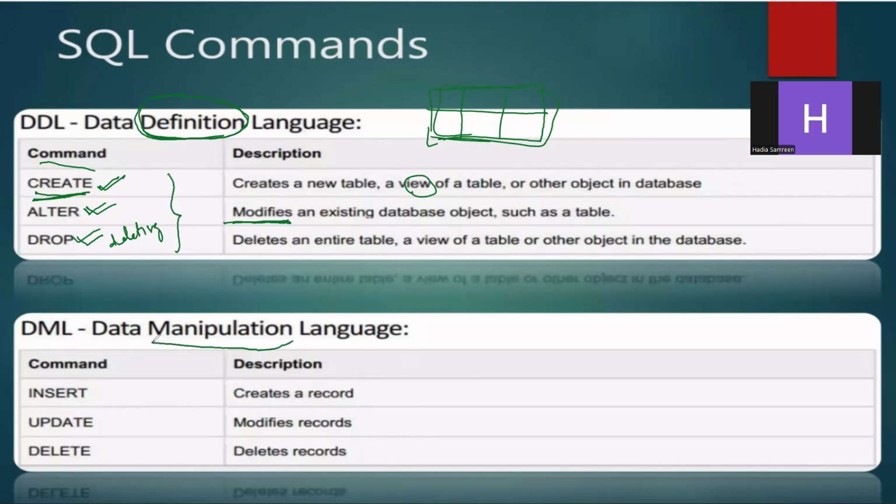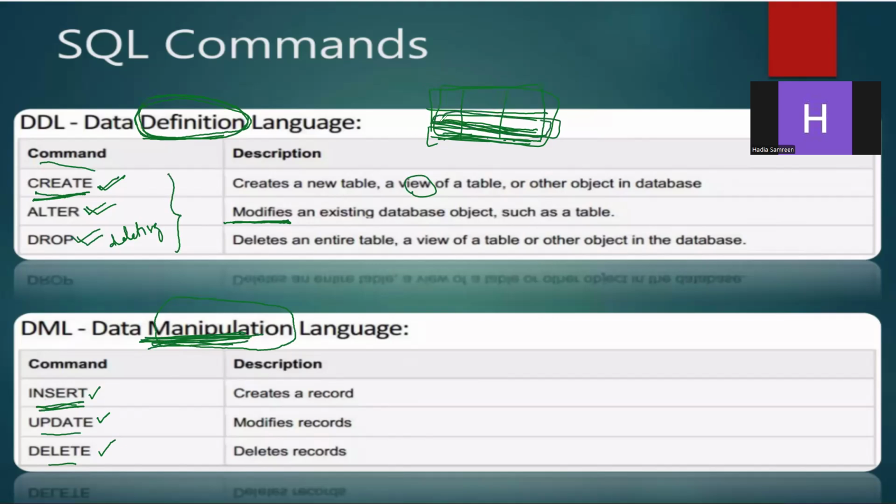Then comes data manipulation language. Since we have already defined the structure, we just need to add, delete, update the records in it. The structure is made already. We just need to manipulate it, we just need to change it. So then these commands come into the picture. A few of the data manipulation language commands are insert, update, delete, etc. We can insert a record, or even a particular value, in this database.